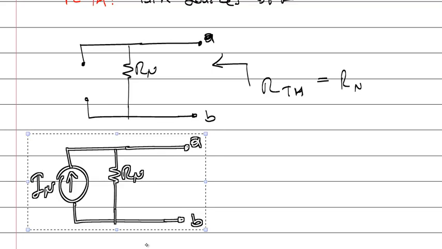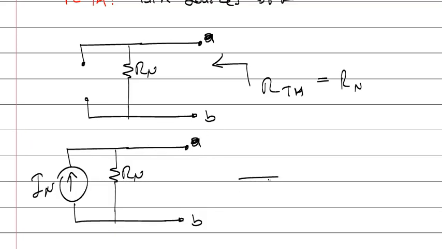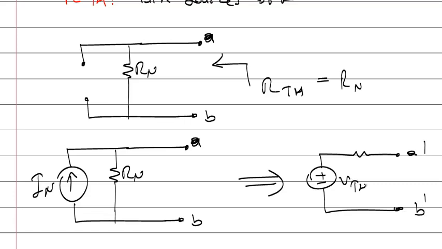Okay. So if you have a Norton shaped circuit, one current source and one resistor in parallel, you can replace that circuit with a Thevenin shape. Okay. And those values are equal to R Norton, and this voltage is equal to I Norton times R Norton.